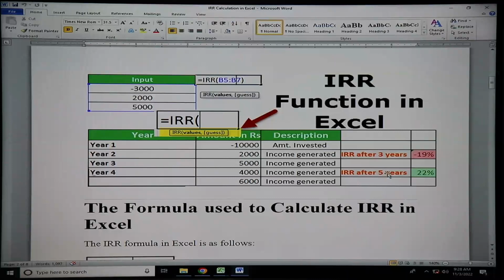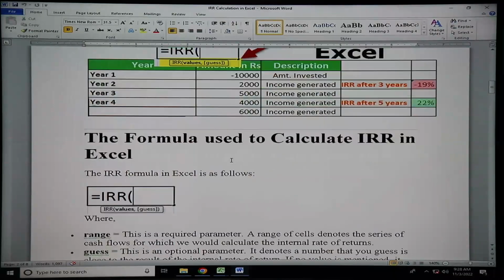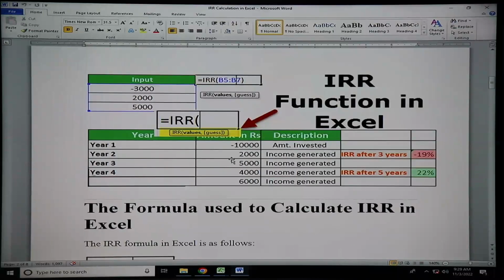Internal rate of return after the fifth year will be this. So if you just have that, then you insert our functions there. So I hope you already have this. Enter that data.